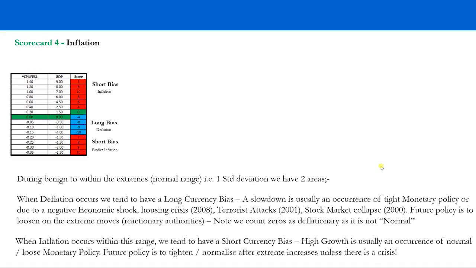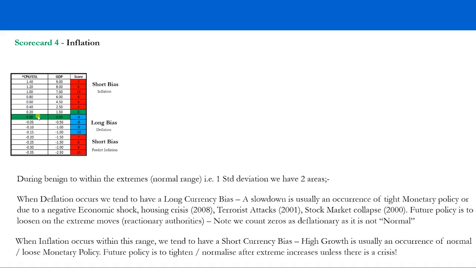So we've seen what's normal, the benign range within the extremes, the normal range of one standard deviation. We've got two areas. When deflation occurs, we tend to have a long currency bias.